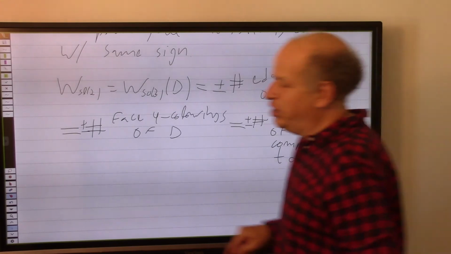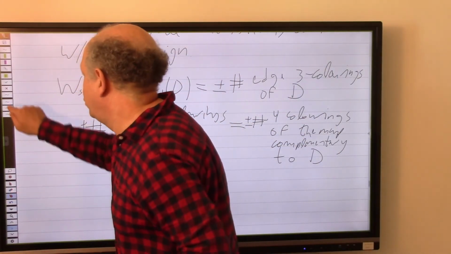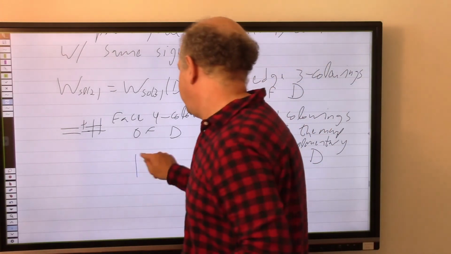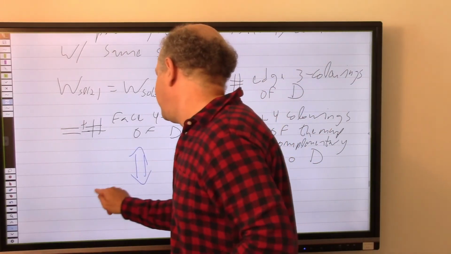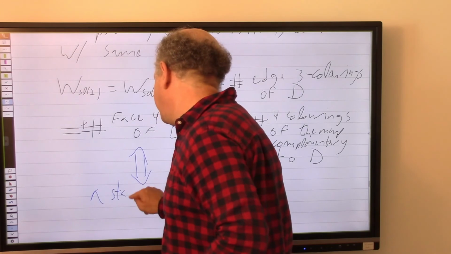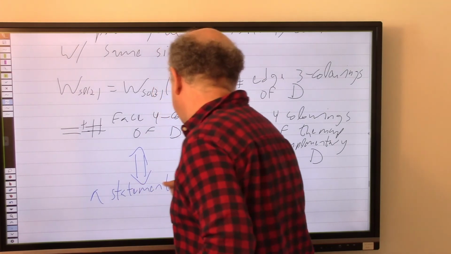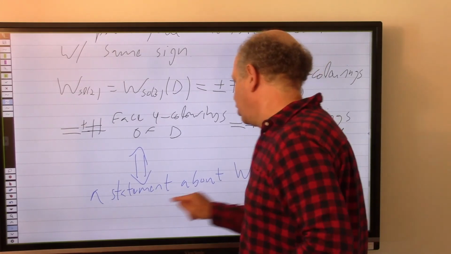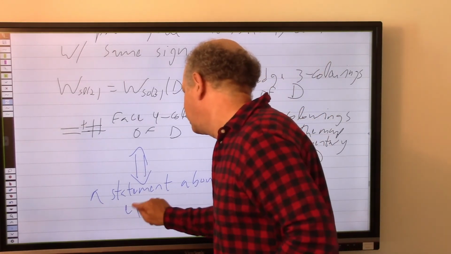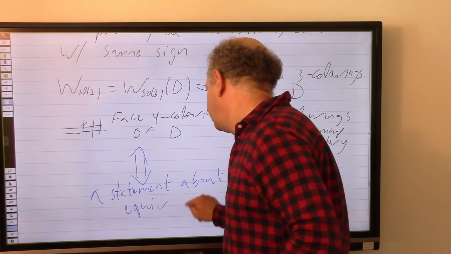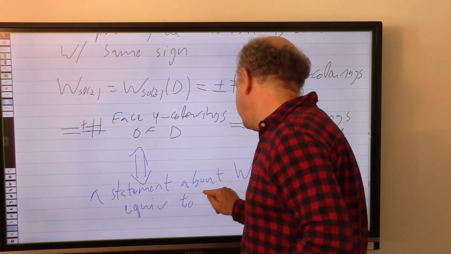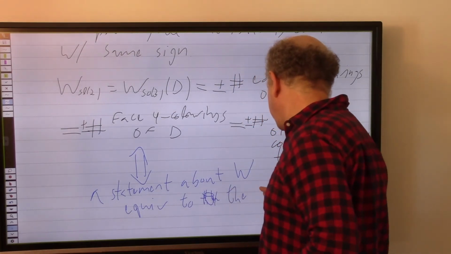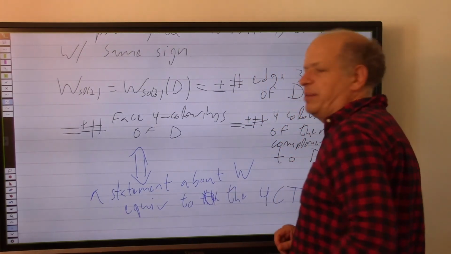But let me tell you that this, together with your homework assignment, becomes a statement about W, which is equivalent to the four-color theorem.